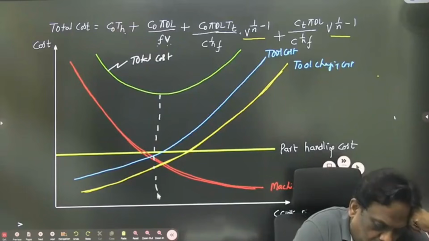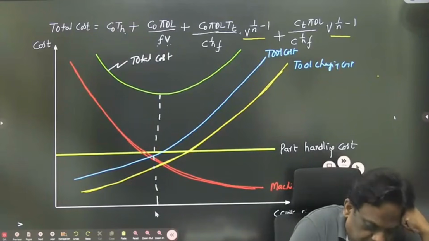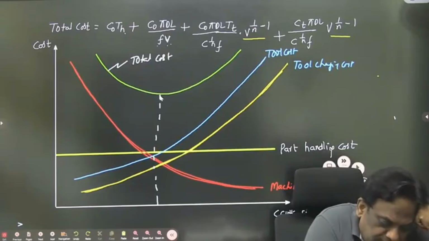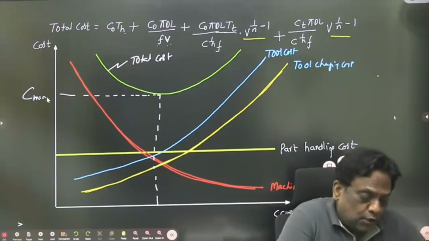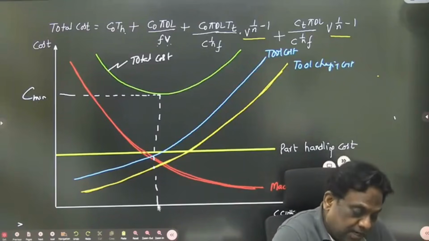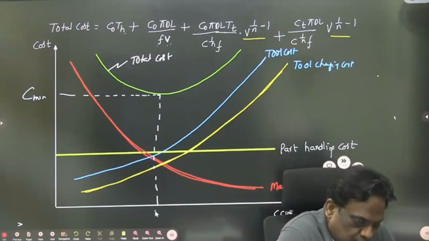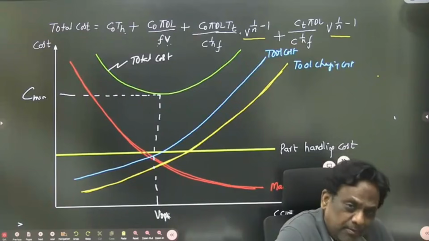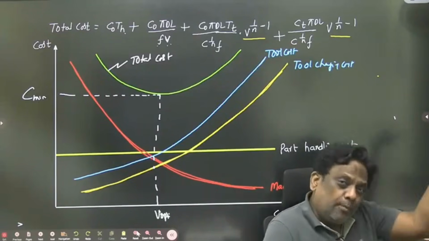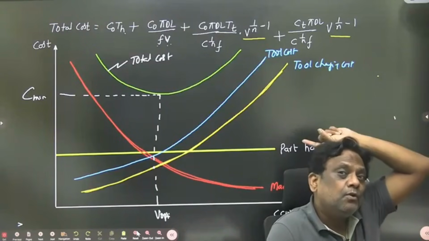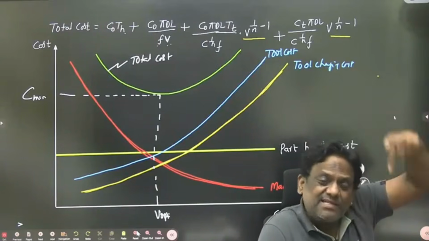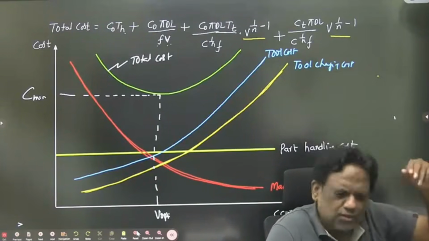That means, if you want the total cost to be minimum, you should cut at this velocity, and that is known as optimum velocity. What do you mean by optimum velocity? Both are optimum velocities. The first case is optimum velocity for less production time. The second case is optimum velocity for lower cost.